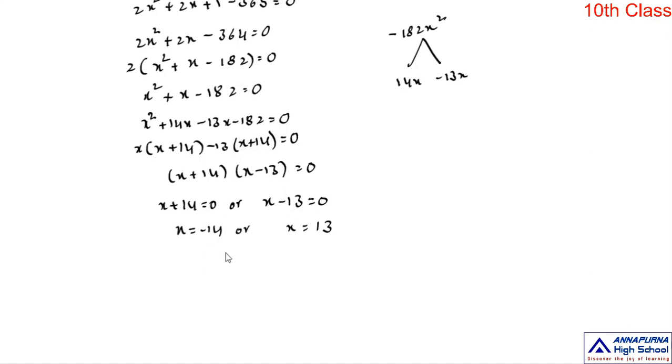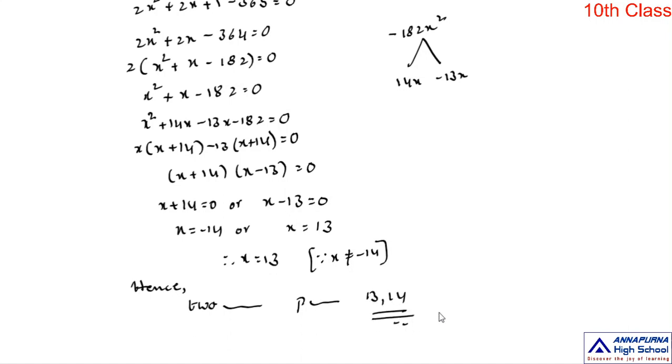Therefore x is equal to 13, since x is not equal to minus 14, because minus 14 is not a positive integer. So if x is equal to 13, then the two consecutive positive integers are 13 comma 14.